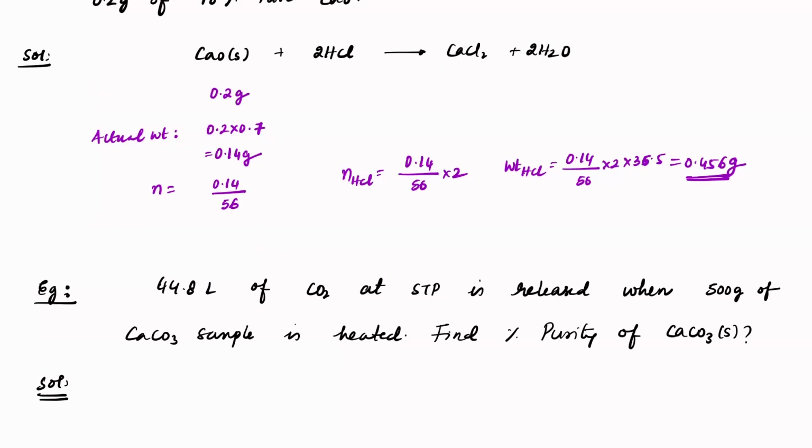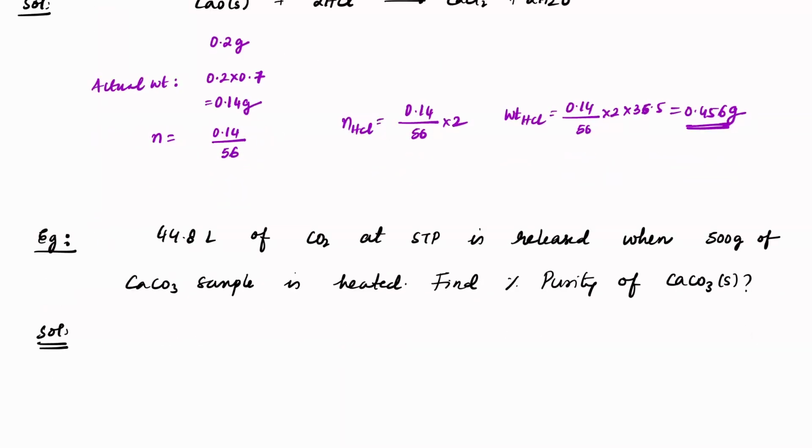Let's do a similar one and figure out what is the percentage purity of calcium carbonate. Please try this out. See, you have 44.8 liters of carbon dioxide that is released when 500 grams of calcium carbonate sample is heated.